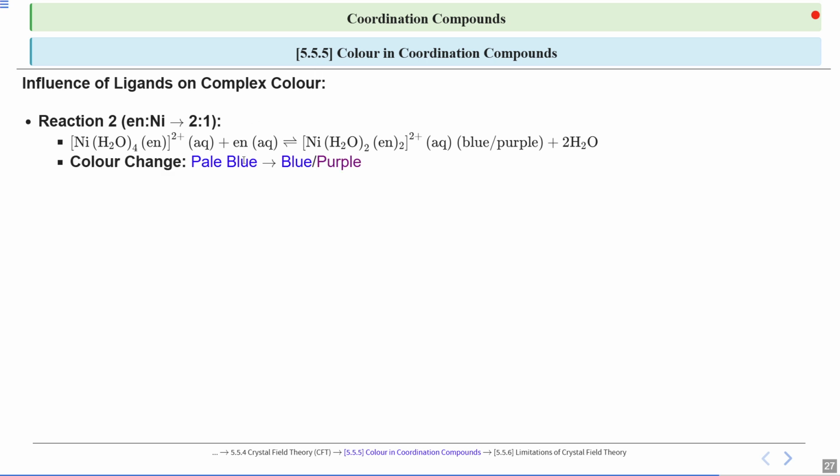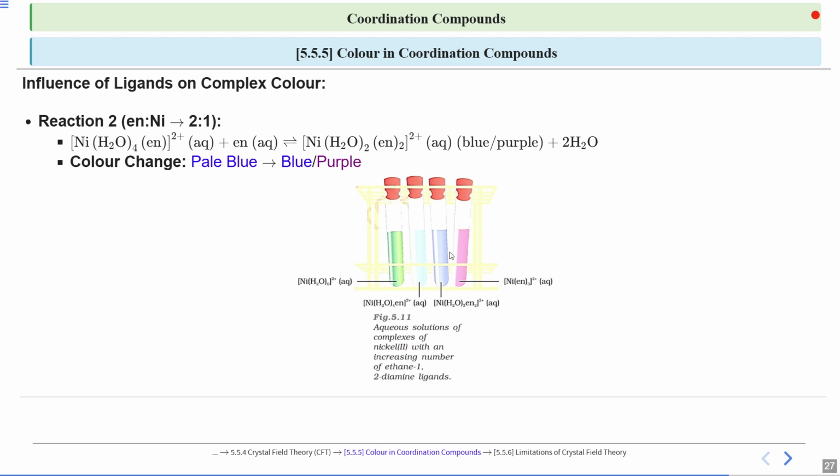The color change observed is from pale blue to either blue or purple. You can see that the pale blue converts to a blue or purplish color after adding one more ethane 1,2 diamine ligand.